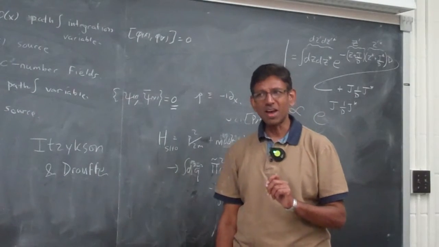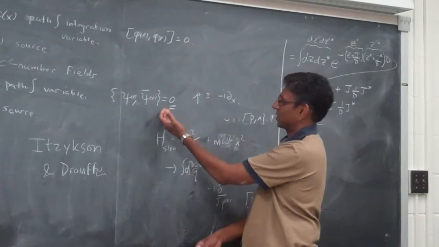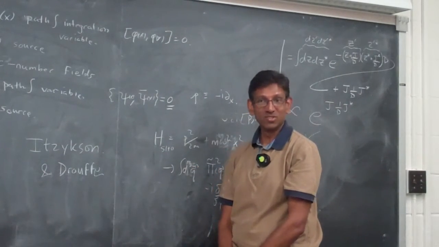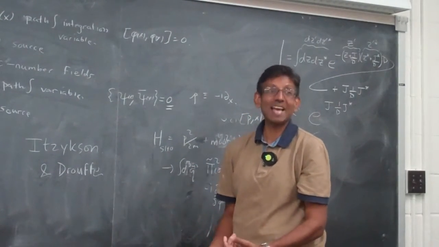But this would still be a rather odd type of thing, because it anti-commutes to give 0. It's not like it commutes with itself. It anti-commutes.